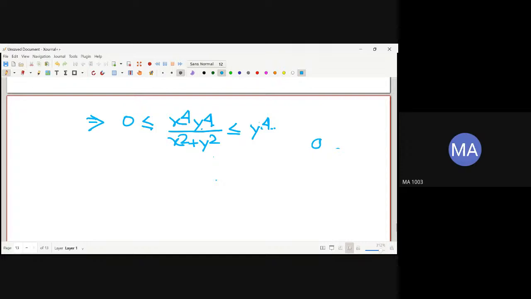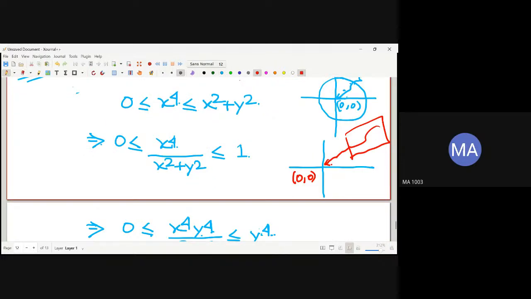The only thing that matters is how the path behaves in a small neighborhood of 0, 0. In particular, I can choose a neighborhood of 0, 0 in which the value of x, y is less than or equal to 1. So what I have done here is taken a circle.